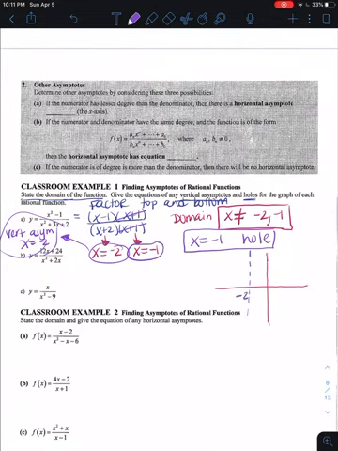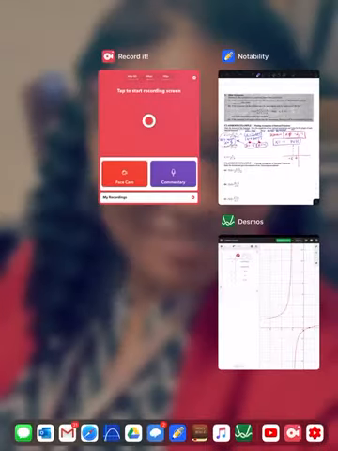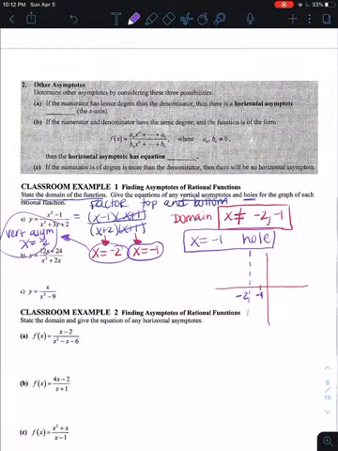So I will say that's negative 2. And then at negative 1, there's some type of hole. Somewhere down here, at negative 1, there's actually going to be a hole, a gap.